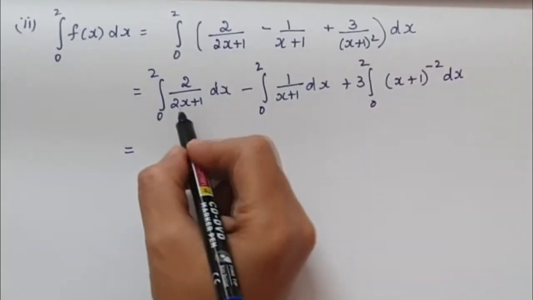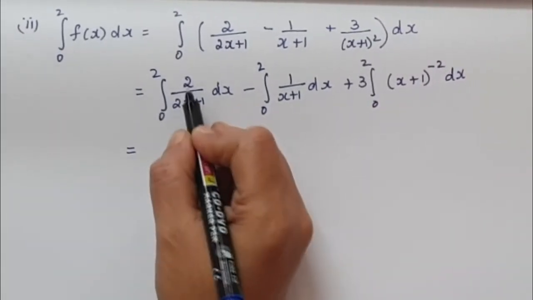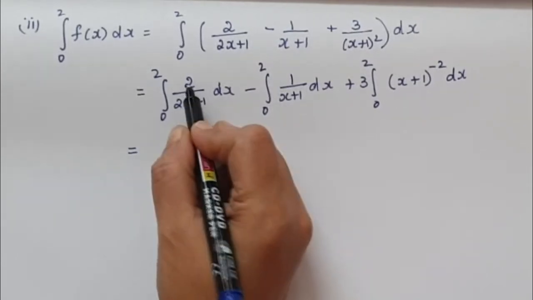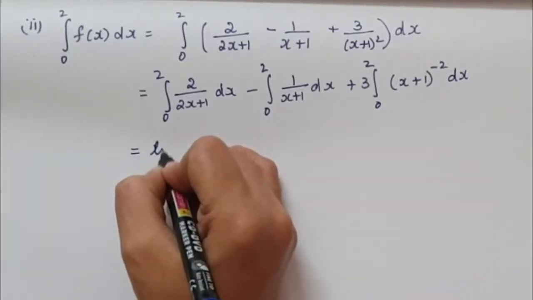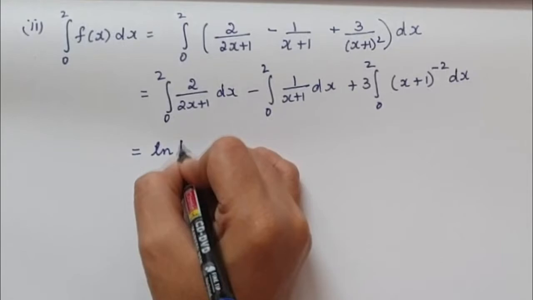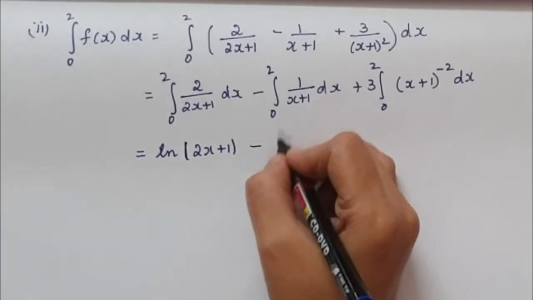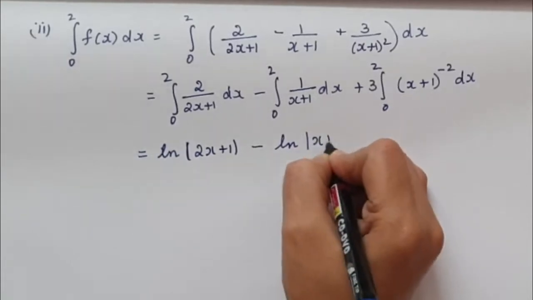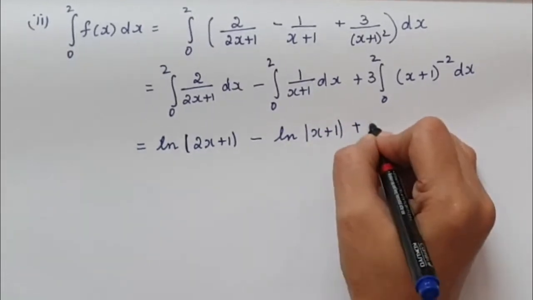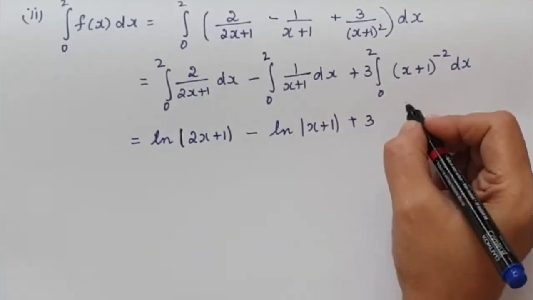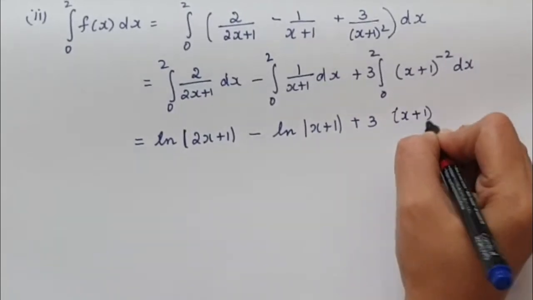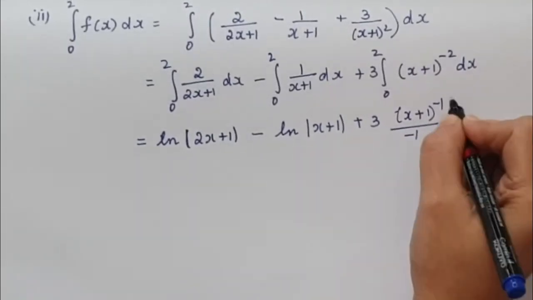So in this one, when I differentiate the denominator, I'll get 2, and it is in the numerator. So it will be just directly ln of modulus 2x plus 1. Then minus this one again the same way, ln of modulus x plus 1 plus 3. This one when we do it, x plus 1 to the power of minus 1 over minus 1.